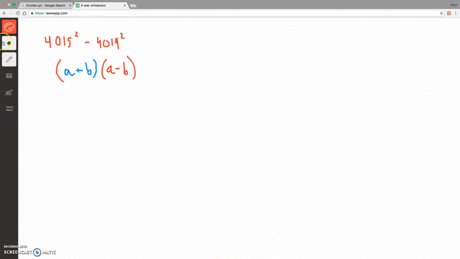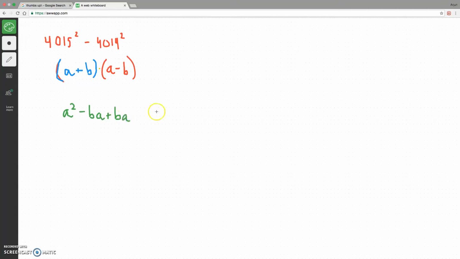Okay, so a plus b times a minus b. Let's FOIL it out, which means we multiply it. So a times a is a squared. A times negative b is minus ba. B times a is positive ba.